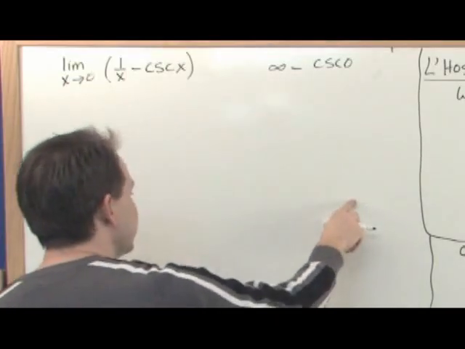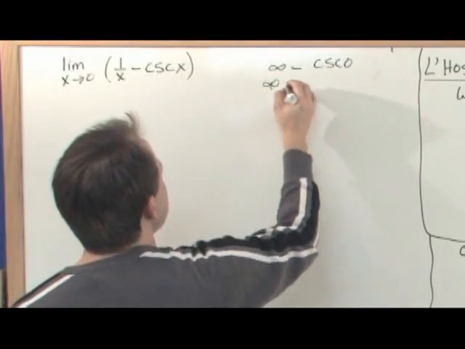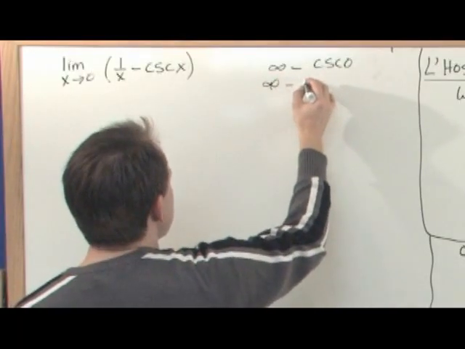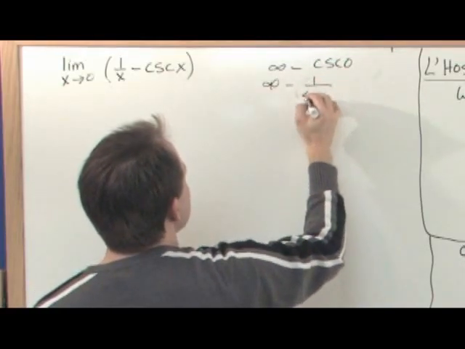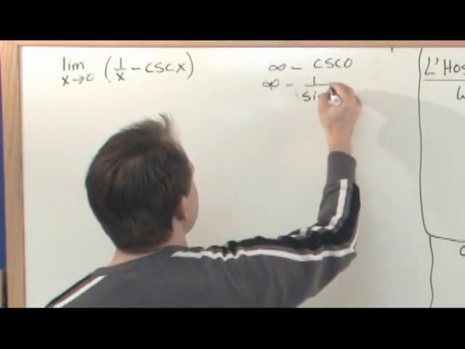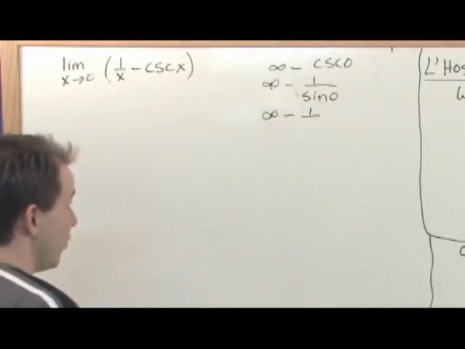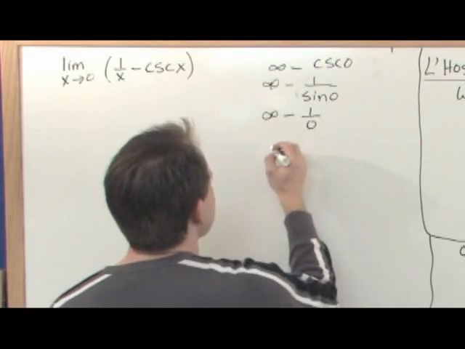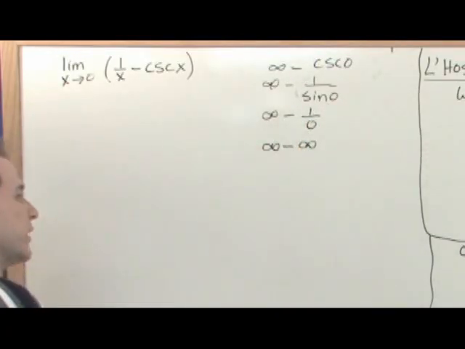Sine, cosine, tangent, cotangent, secant, cosecant is 1 over sine. So you have infinity minus 1 over the sine of 0. Sine of 0 is 0. So the form you have is infinity minus infinity. 1 over 0 gives you infinity. So you're in one of these indeterminate forms.